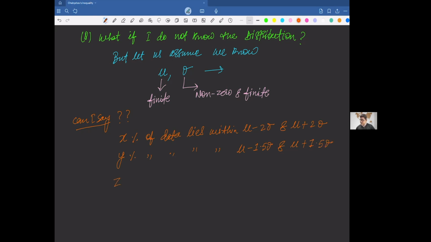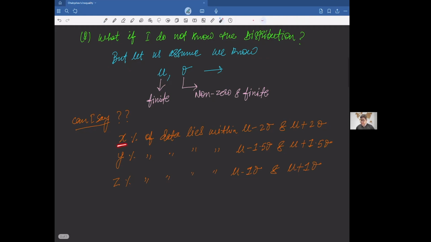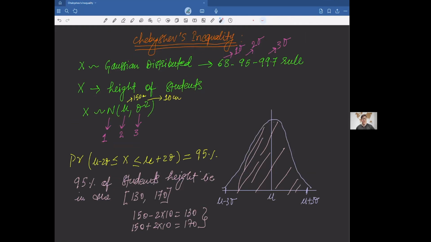Or can I say Z% of data lies within mu minus 1 sigma and mu plus 1 sigma? This is very important. Can I find these X%, Y% and Z%? Remember, in the case of Gaussian distribution, we know the distribution already, and we know the mean and standard deviation.